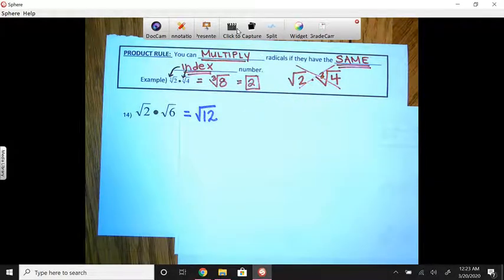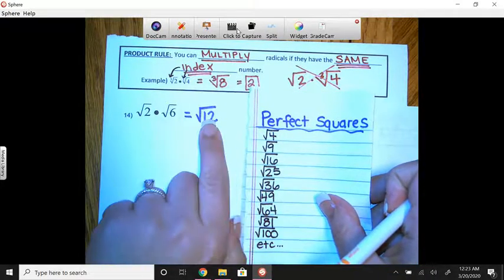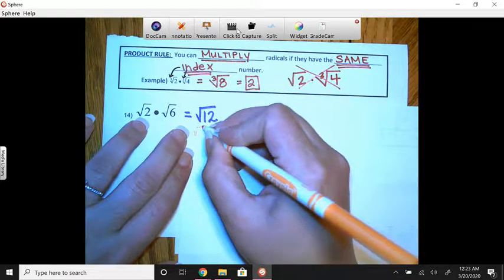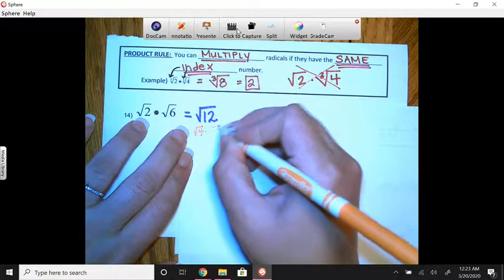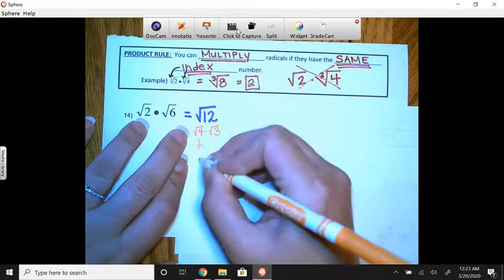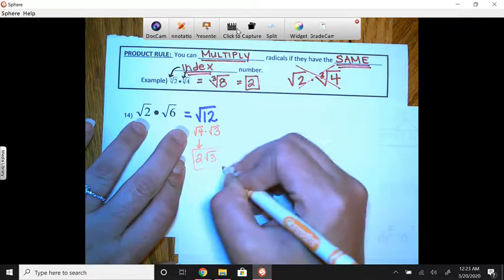And then we always simplify our final answers. So since 4 goes into 12, we know that this could be simplified. So I can rewrite it as the square root of 4 times the square root of 3. And the square root of 4, what times itself is 4, is just 2. And we would get our final answer, 2 rad 3.